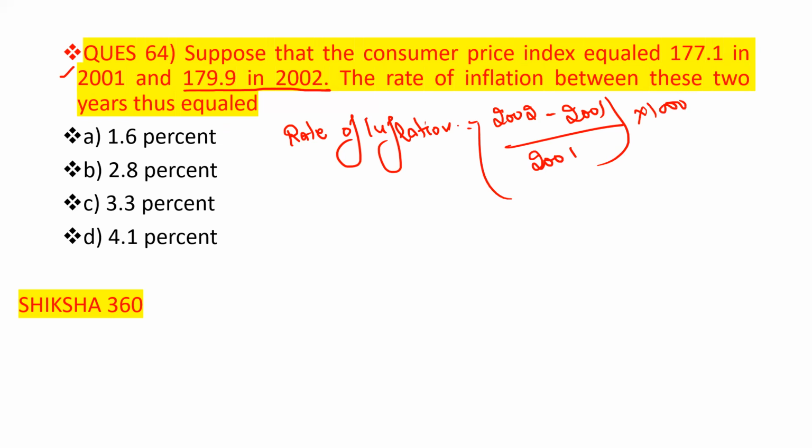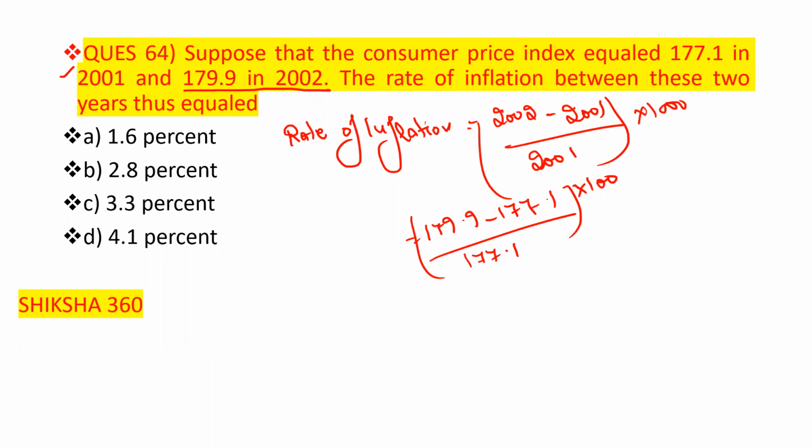So what is the rate of inflation in the year 2002? That is 179.9 minus 177.1 upon 177.1 into 100. This is the rate of inflation.